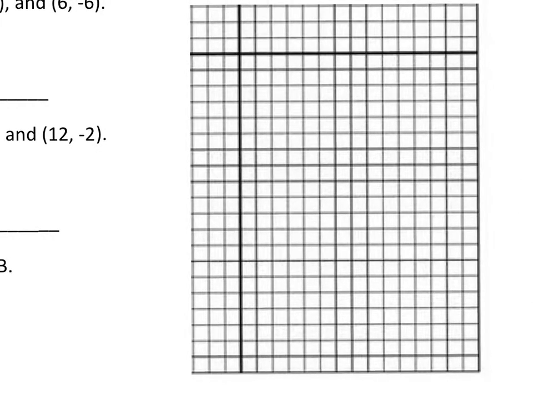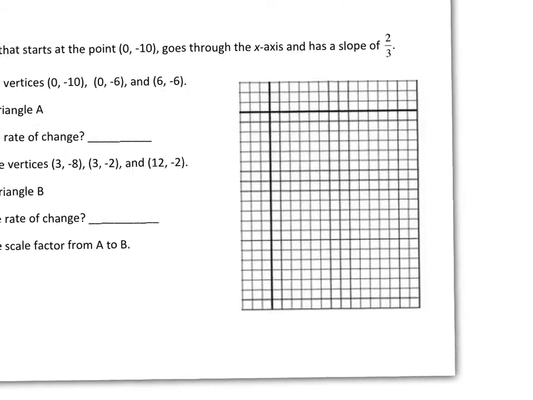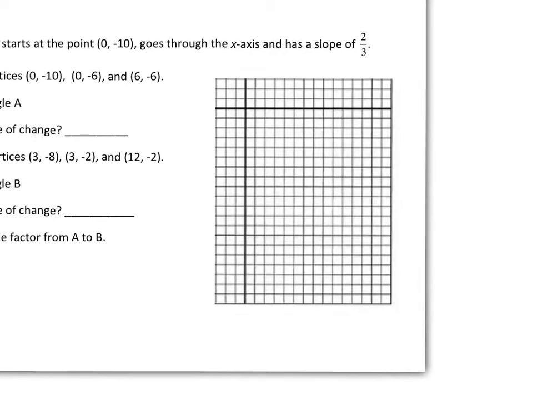So let's zoom in on our graph paper. 1, 2, 3, 4, 5, 6, 7, 8, 9, 10. Okay, here's 0, -10. It says a slope of 2/3.